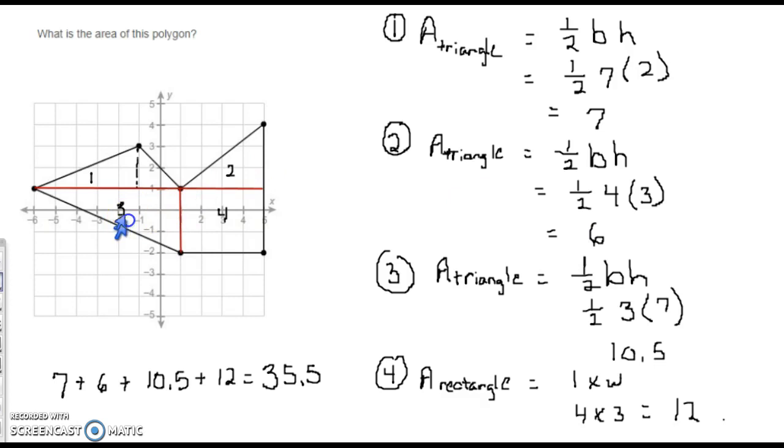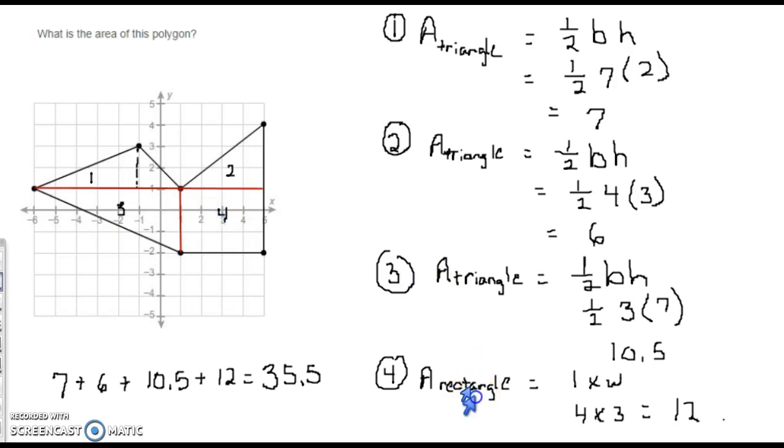My third triangle is also a right triangle, and so I can use this segment as my height. Remember, this segment we used earlier, it's 7 units. Right here, that's my height, and 1, 2, 3 units is my base. Multiply that, you get 10.5 for the third triangle.